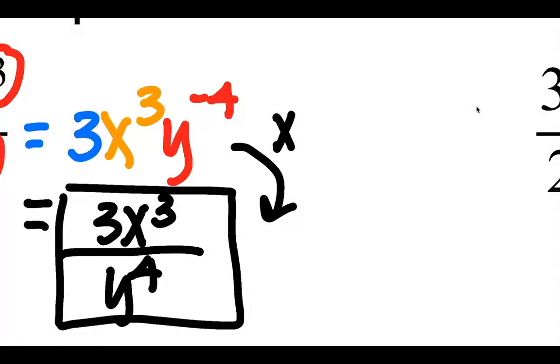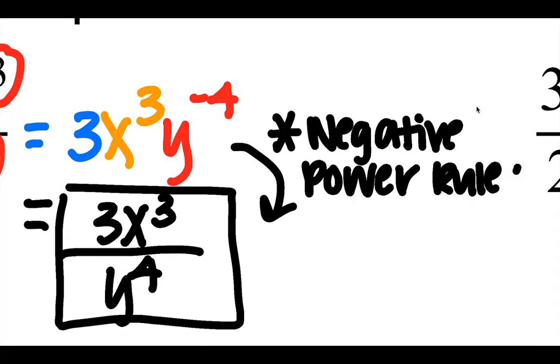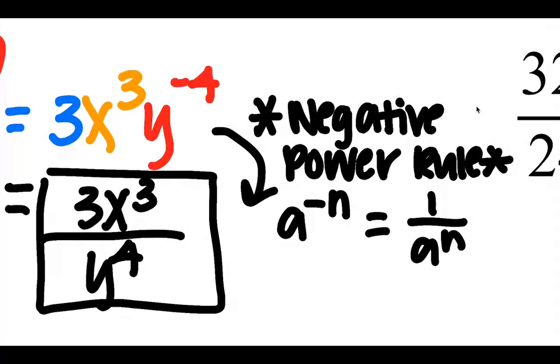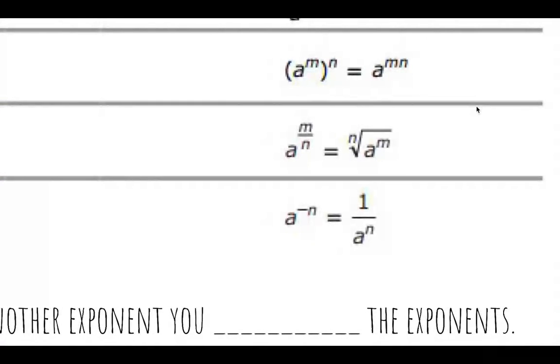And that's negative power rule. Again, that just says if I have a to the negative power of n, it's going to be 1 over a to the n. That was the rule. And I think that's the same terms they use here. Yeah, that's that rule right there.